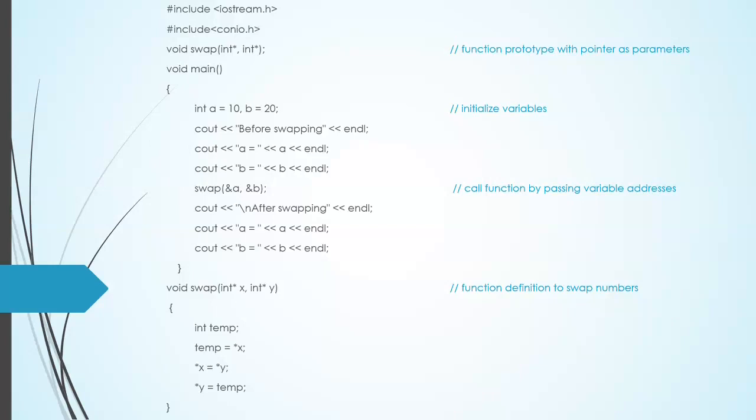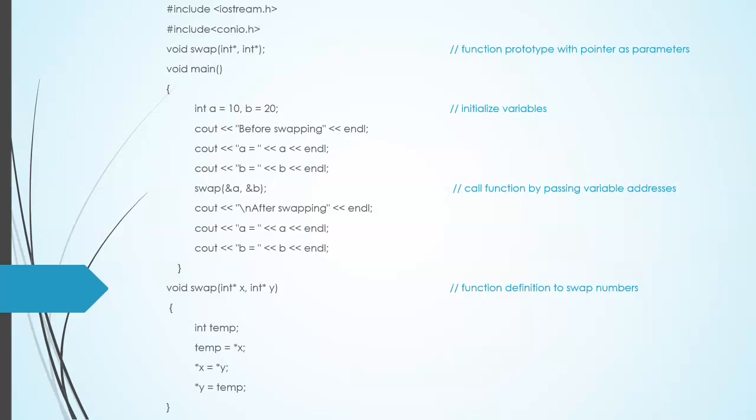Asterisk means value at address. Now X is having the address of A, so in short, the value at address A. So value A is 10, so 10 will be transferred to variable temp.